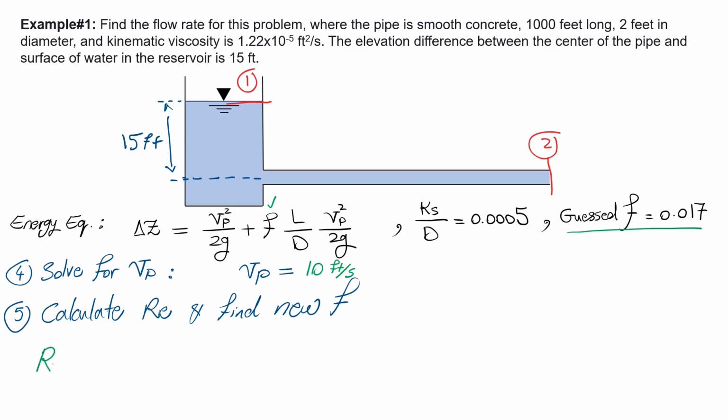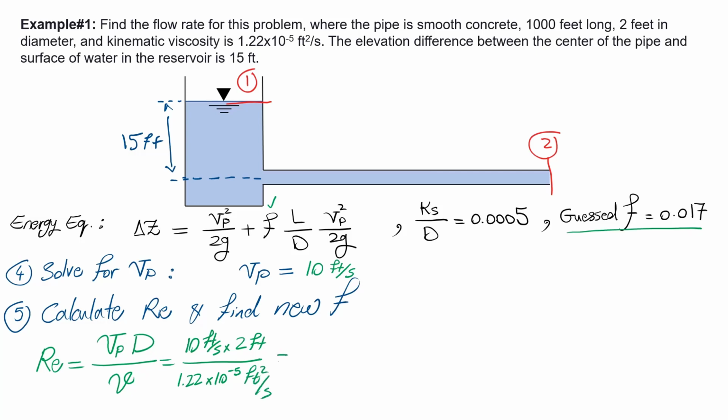All right, now that you have velocity, you can calculate Reynolds number. And Reynolds number would be equal to velocity times diameter divided by nu. So I am going to write it over here. It would be 10 feet per second times 2 feet divided by 1.22 times 10 to the power negative 5 squared feet per second.